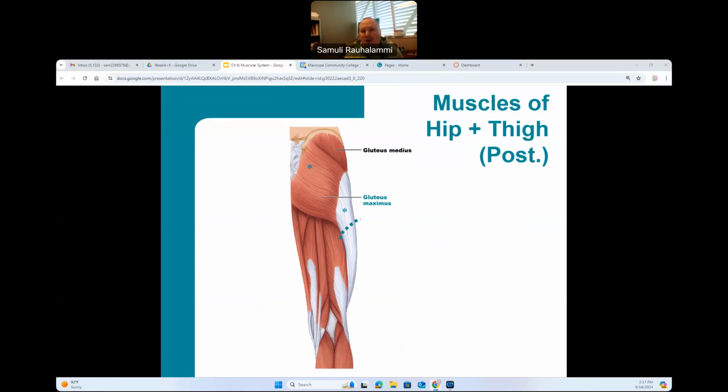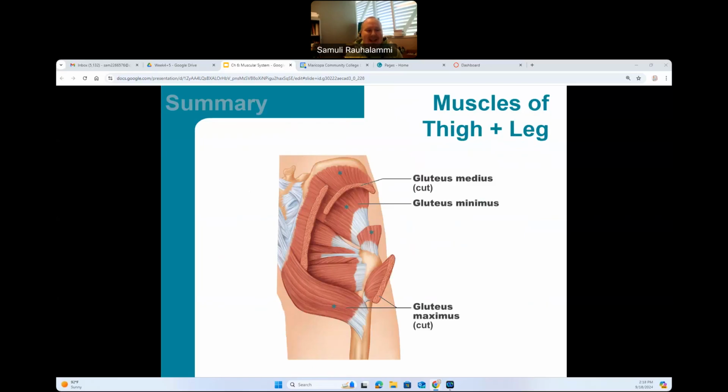And thinking of the function of the gluteus maximus muscle, it is a very important extensor of the thigh. And some of the other roles that I can think of for this is the lateral rotation and abduction of the thigh. So that concludes our gluteus maximus muscle.